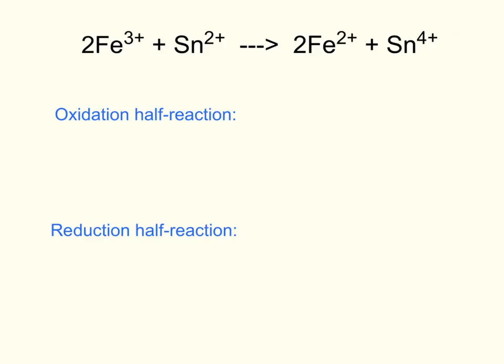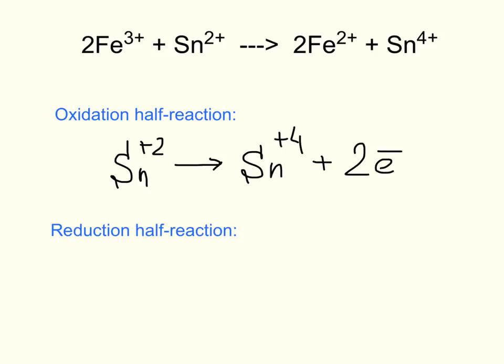Let's write the oxidation half reaction. Tin with the number plus 2 was oxidized to tin plus 4, and along the way it lost 2 electrons.